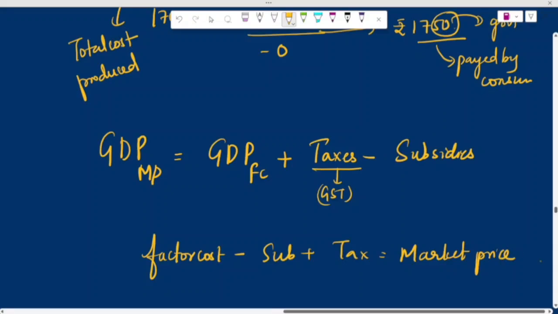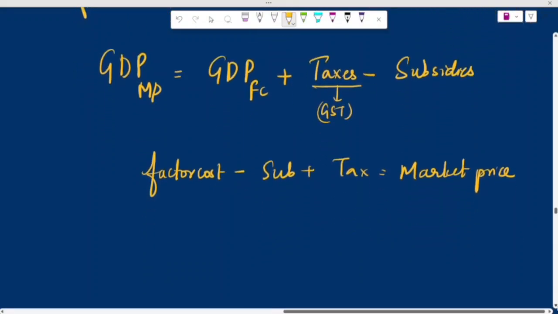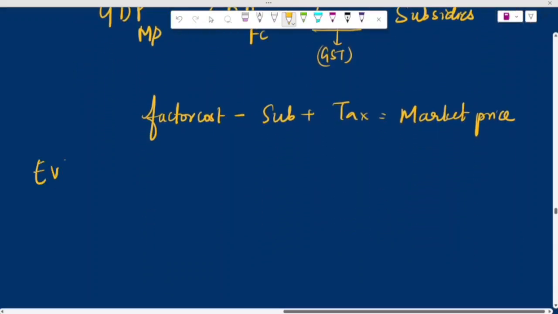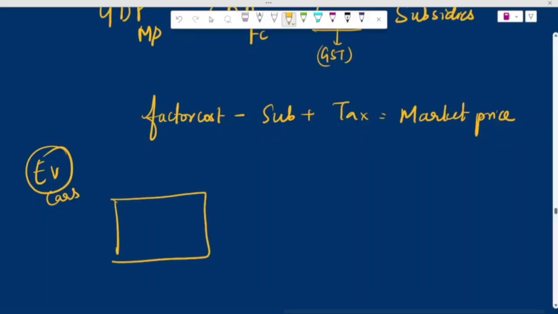While I am setting up the company, think that I am producing EV cars. I'm getting a land. So the land cost was like 1 crore rupees. But what happened is, as I am producing the EV cars, the government has given me a subsidy.